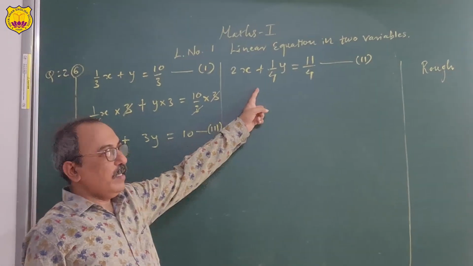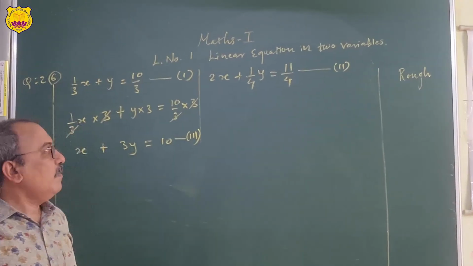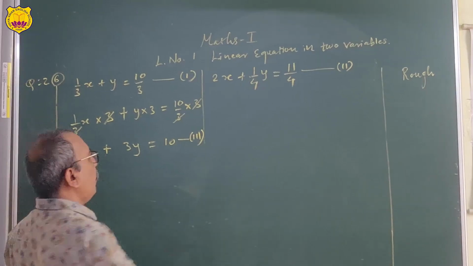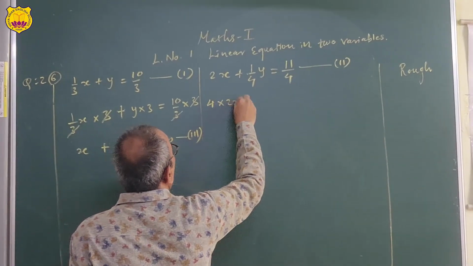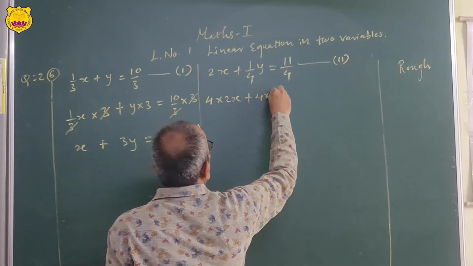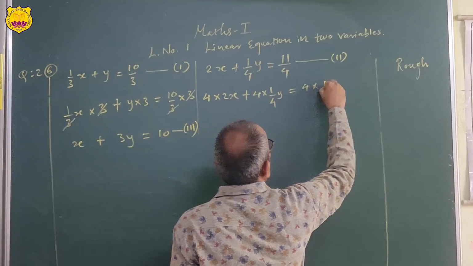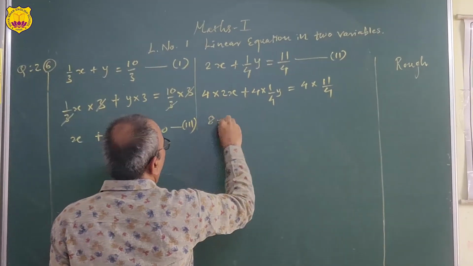Similarly, here in the denominator we got 4. So each term of the second equation should be multiplied by 4. So 4 into 2x plus 4 into 1/4 y is equal to 4 into 11/4. 4 times 2 is 8x.